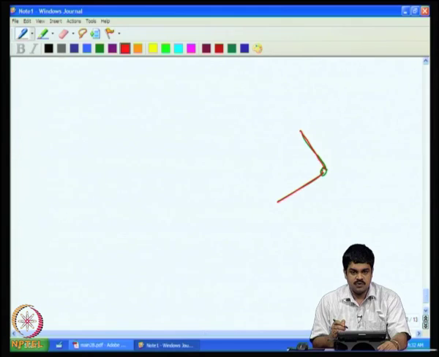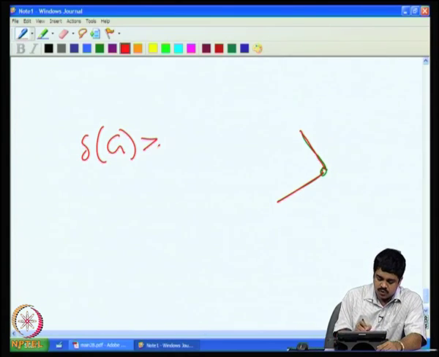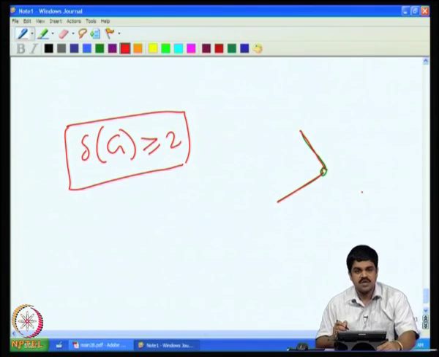Otherwise, we cannot have a Hamiltonian circuit. That means the minimum degree of the graph should be at least 2, otherwise there is no way of hoping for a Hamiltonian circuit. So, a graph is called a Hamiltonian graph if there is a Hamiltonian circuit in the graph.